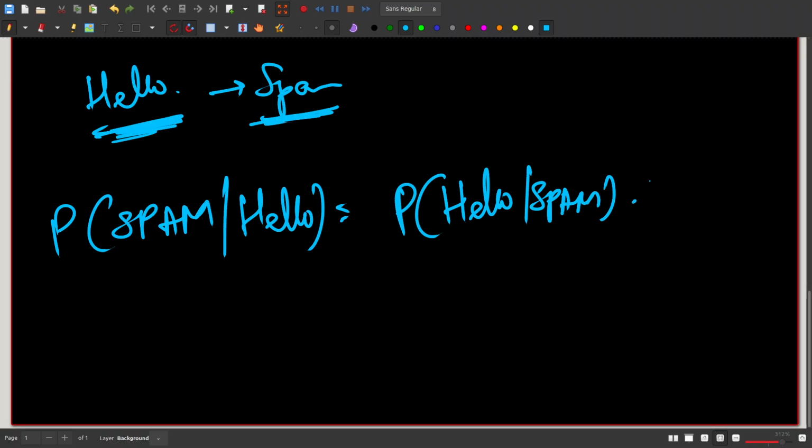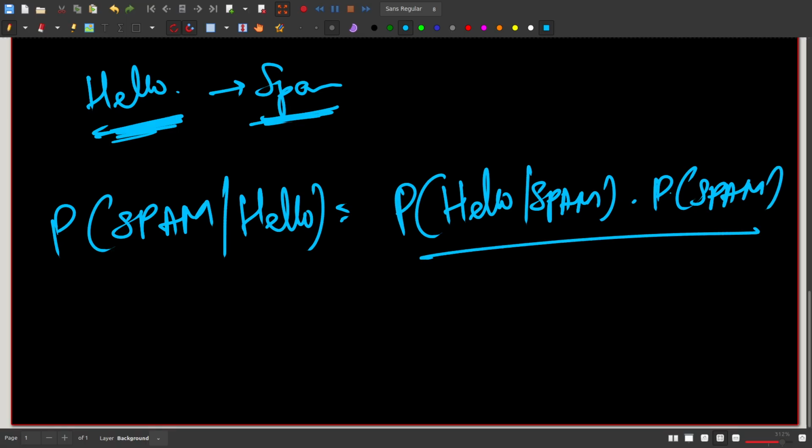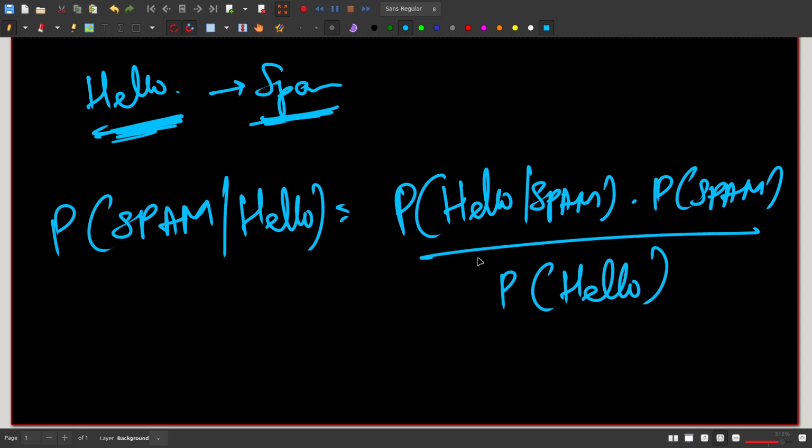That makes sense, multiplied with the probability of spam email on its own, right? So you may not be getting spam emails, or you may be getting a lot of spam emails, whatever it is, you put that there, and the probability of hello in an email at all, right? So this is basically sort of what is running the whole system, and this is what we will use whenever we want to calculate certain things as well.